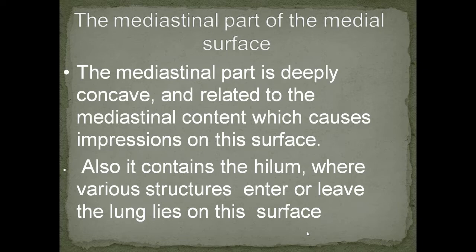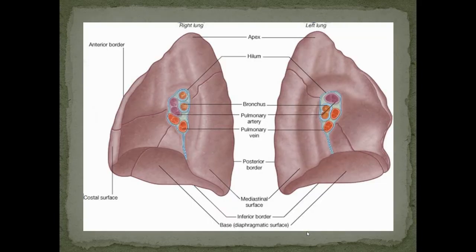The surface that comes in contact with the mediastinum has impressions of the many structures present in the mediastinum. And on this surface there is the hilum also. The hilum is a space where structures enter and leave the lung.